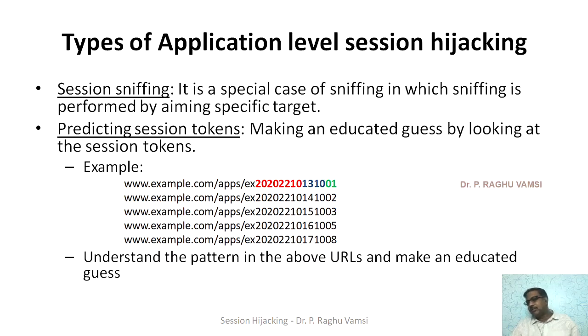For that reason it is always recommended to use random sequence number generation. So understand the pattern in the above URL and make an educated guess. Already we have made an educated guess what could be the next session ID. This is how the attacker will predict the next session ID, and use it to carry out session hijacking attacks.